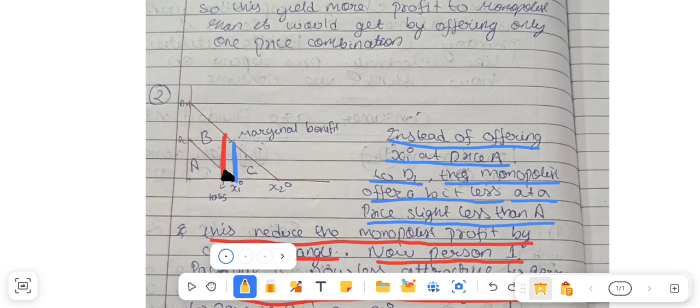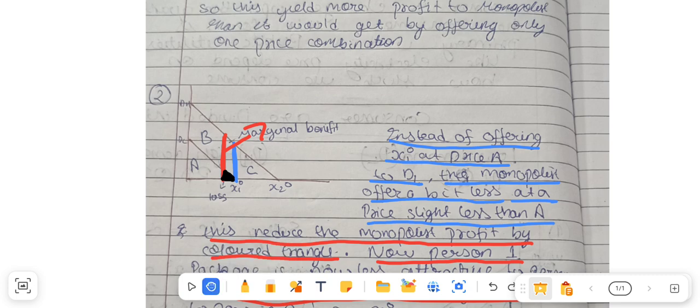And the shaded area in the red, and the area between the red blue line and above the black colored triangle, is the marginal benefit that he got from lowering the quantity.